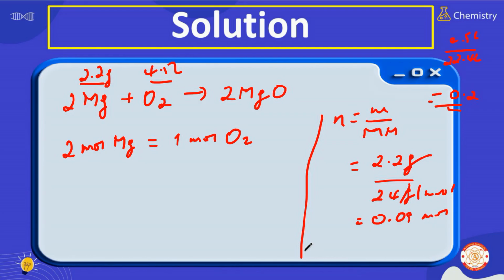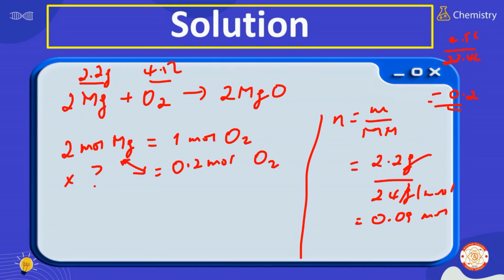So I'll take the value of oxygen. So if I have 0.2 moles of oxygen, how many moles of magnesium do I need so that it completely reacts with this amount? So now let us calculate this. So X equals what? 0.4 moles of magnesium.